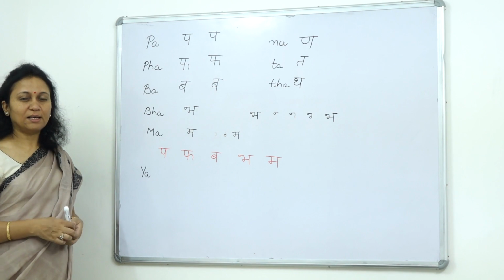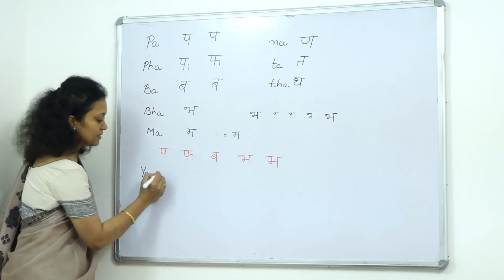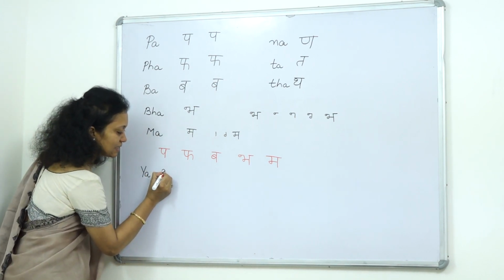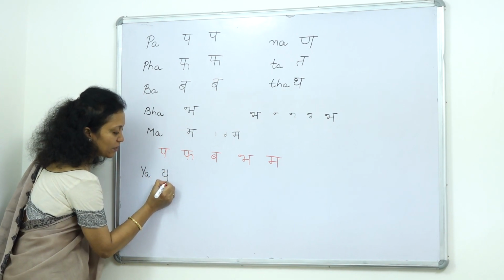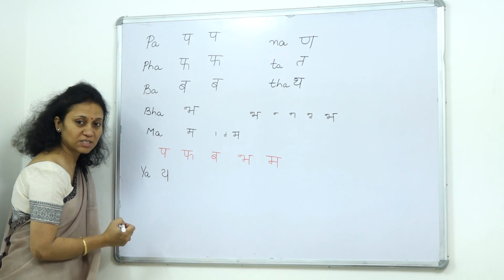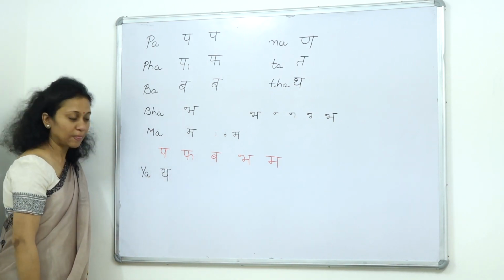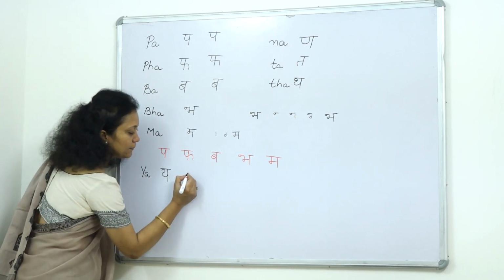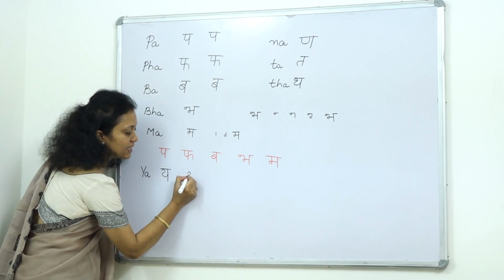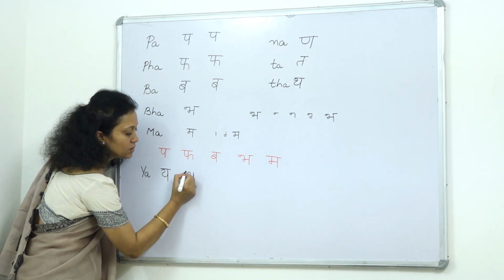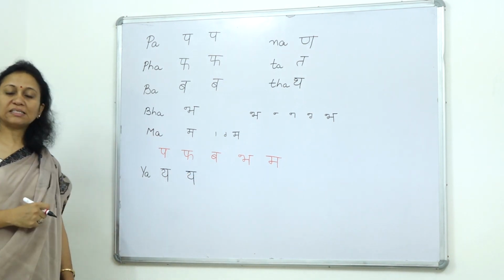It was a little circle, but the easy way, as we said, is to start with the inverted S. Make an inverted S, take the line up and bring it down. That is year. Again, make an inverted S, take the line up, bring it down, and then the top. So that's year.